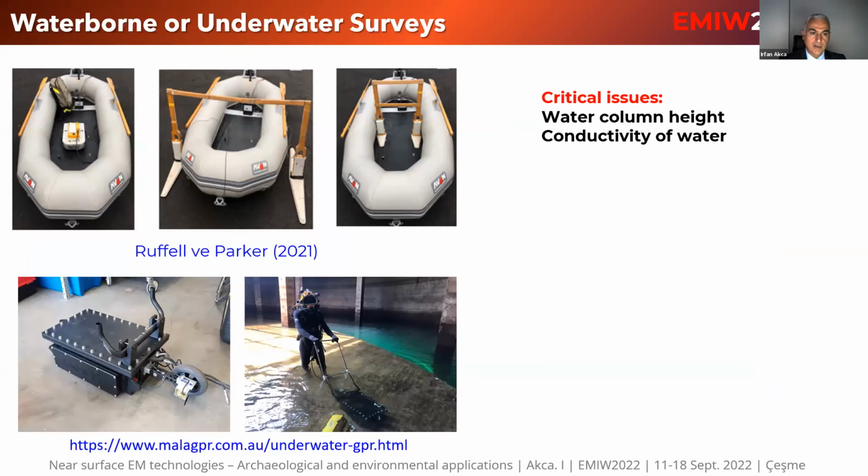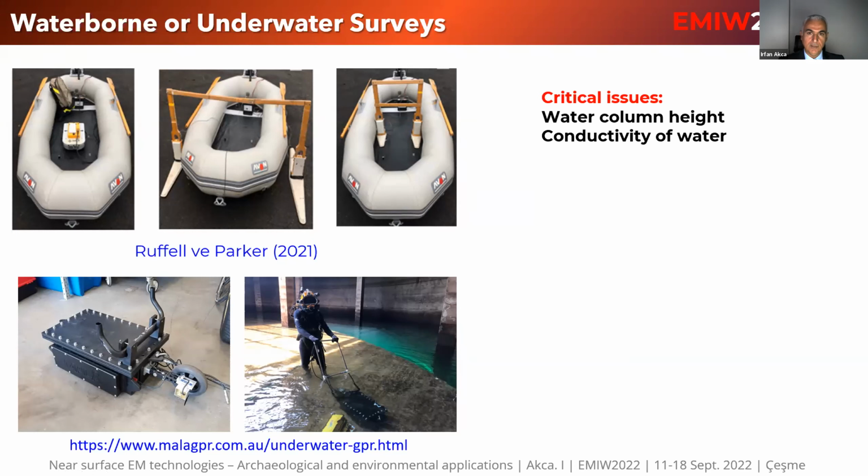Okay, we are approaching the end. We also have several examples where we conduct GPR measurements on the top surface of the water level, or sometimes underwater. We can use the same devices or antennas on the top of the water or on the surface of the water. For sure, we need to take some precautions to protect the devices from water.